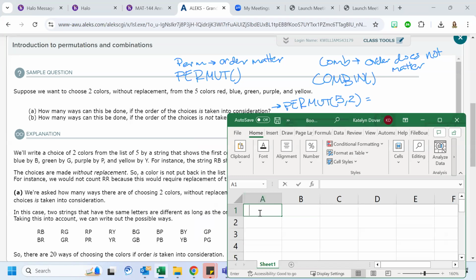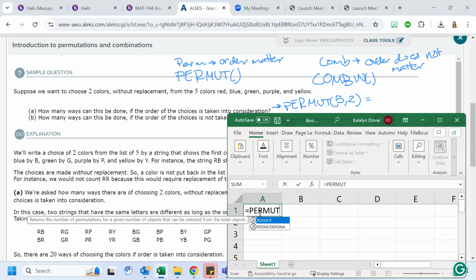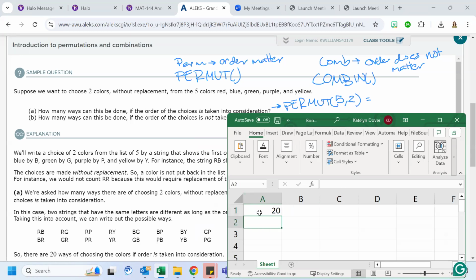You're going to start with that equal sign, type the word permute for the permutation function, do 5, 2, close the parenthesis, and hit enter. So then there is my answer. For part A, where order matters, I have 20 possible outcomes. If I have 5 colors, I'm choosing 2, where the order is taken into consideration, there's 20 possible outcomes.